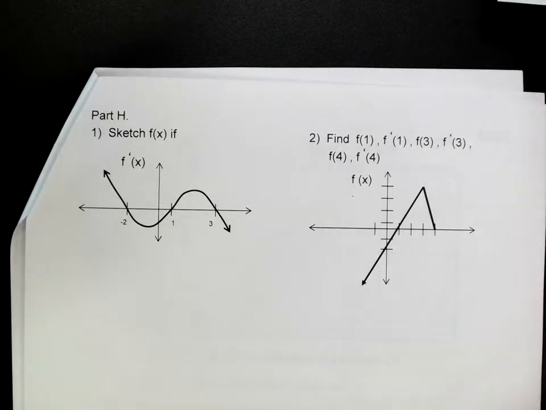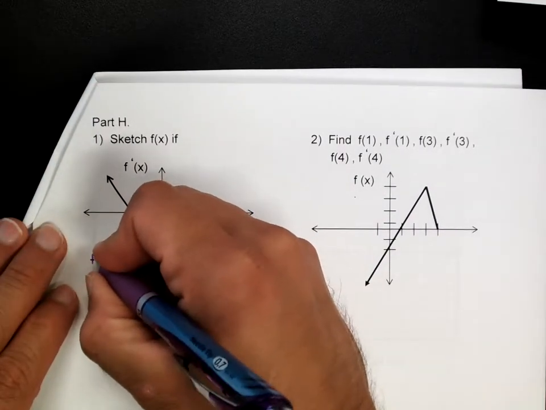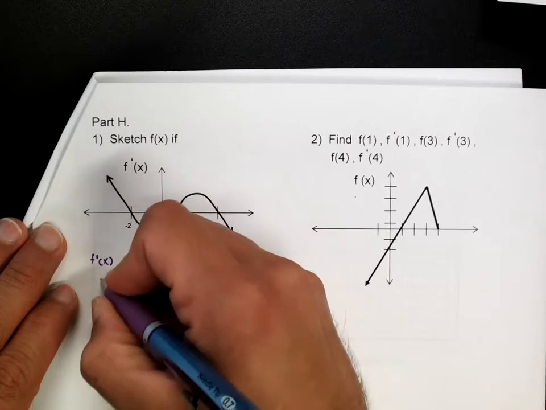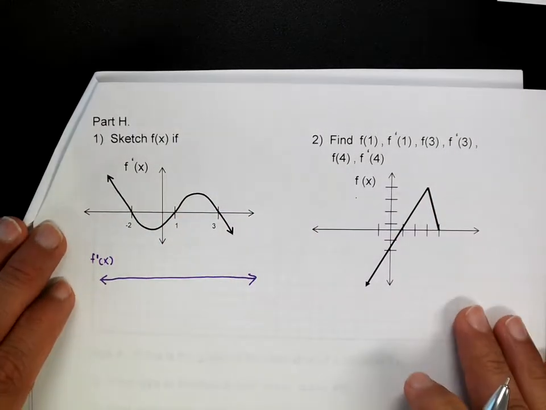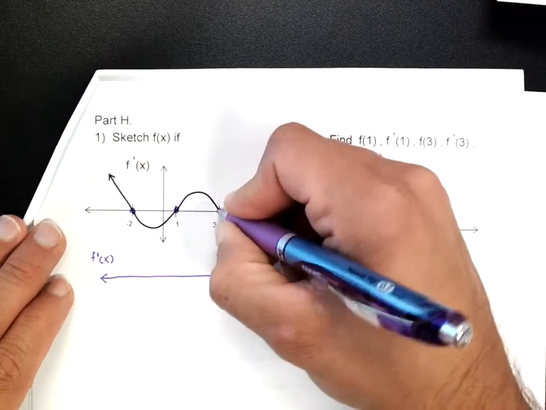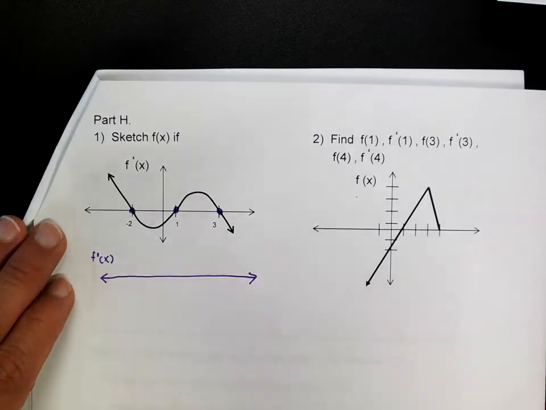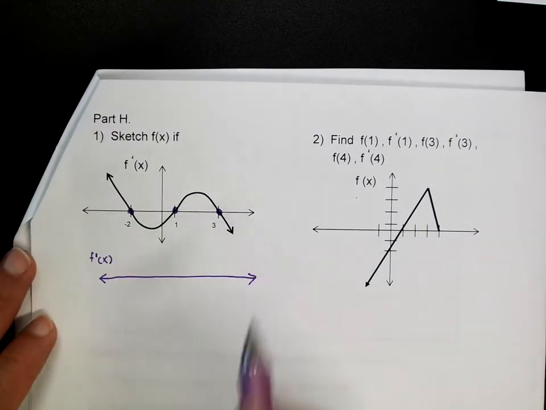So to do that one, let me see if I can find a different colored pen here. Okay. All right, first, what you should do is to write your sign analysis for the derivative. And the sign analysis for this one, remember that I'm going to include those points because, remember, what do those points mean here in class? Max or mins possibly, right? This is where my horizontal tangents are located.